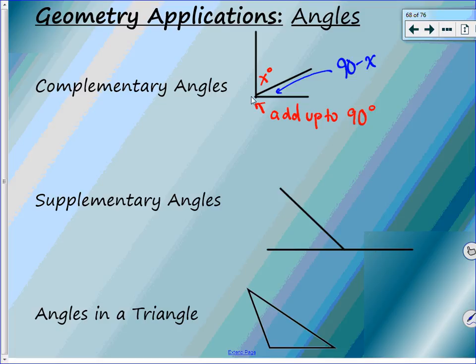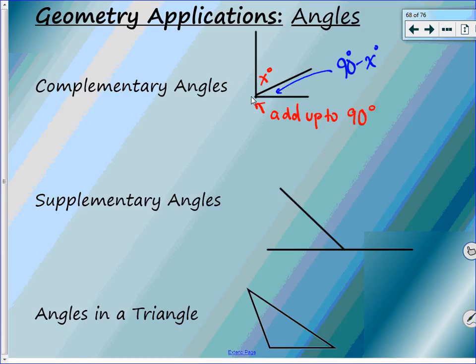You want to put the bigger number first so you don't get a negative angle measure. To find the angle that's left over, you take 90, which is what the two angles add up to, and you subtract off the x degrees. So since they add up to 90 degrees, you take 90 minus x to find the complementary angle, because they both have to add up to 90.